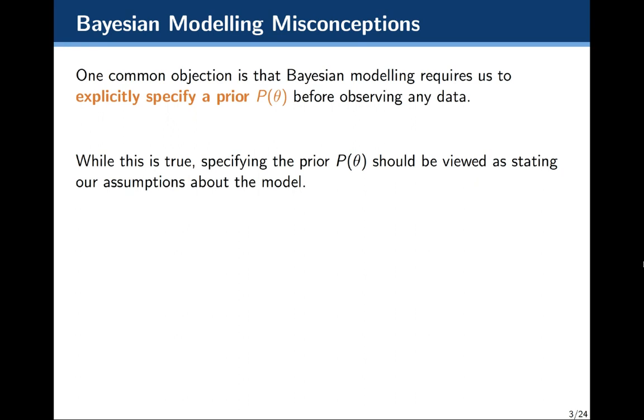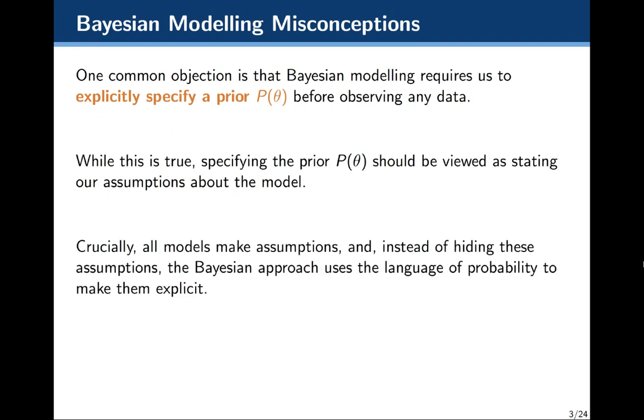In fact, I think we should view it as explicitly stating our assumptions about the model. No matter what we do in modeling, we're going to be making assumptions. And one of the benefits of the Bayesian approach is we explicitly make these assumptions clear at the beginning. We state all of our assumptions rather than hiding them. And when we start from that viewpoint, we can actually quantify all of our assumptions.